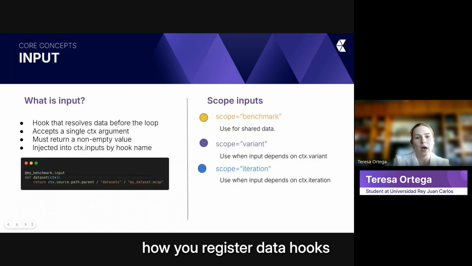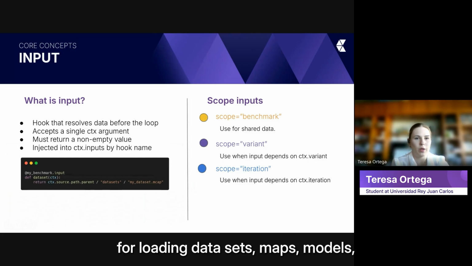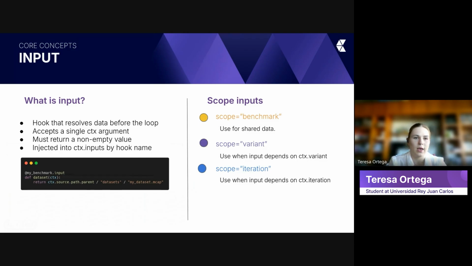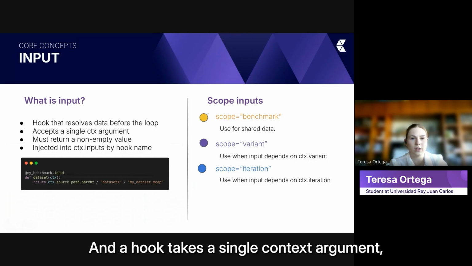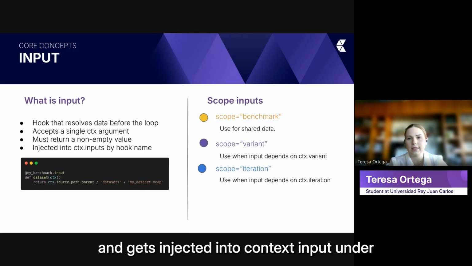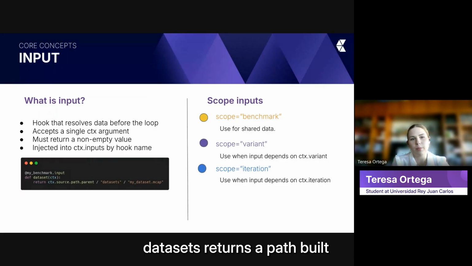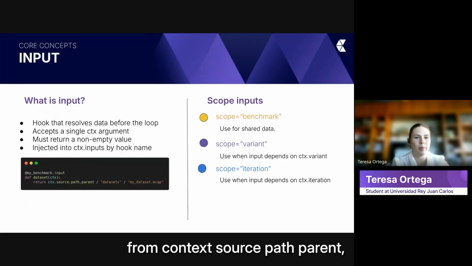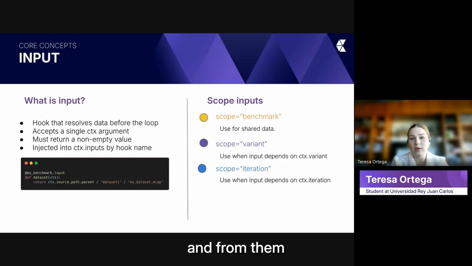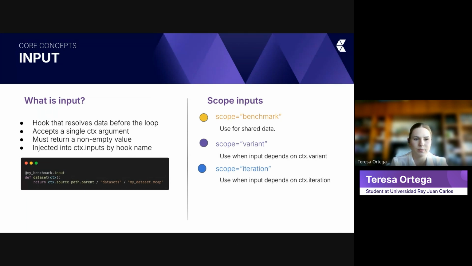Input is how you register data hooks that run before the main loop, for loading datasets, maps, models, whatever you need. A hook takes a single context argument, must return a non-empty value, and gets injected into context input under the function name. In the example, dataset returns a path built from context source path parent, and from then on it's available as context input datasets.